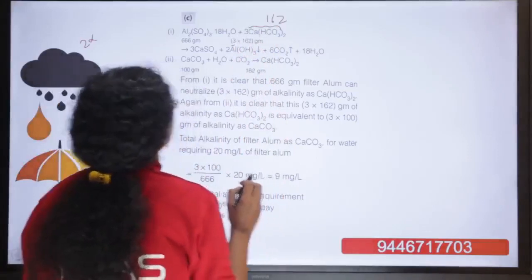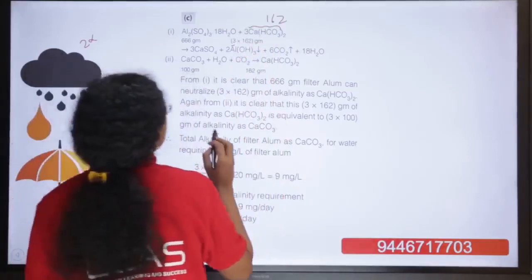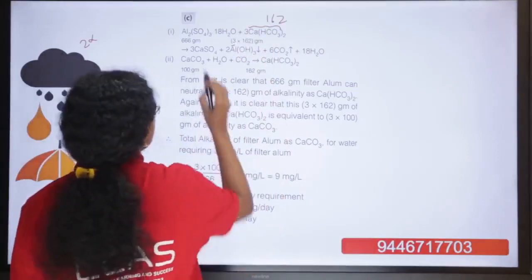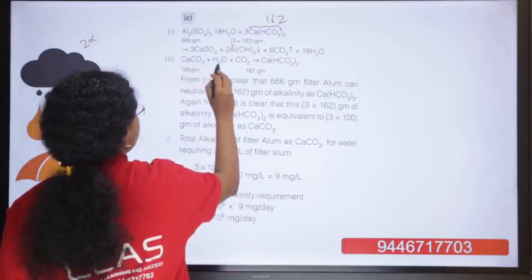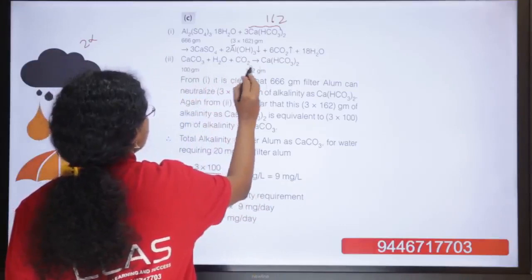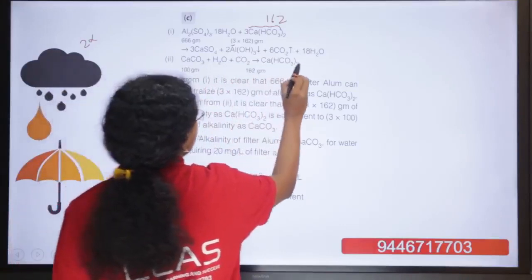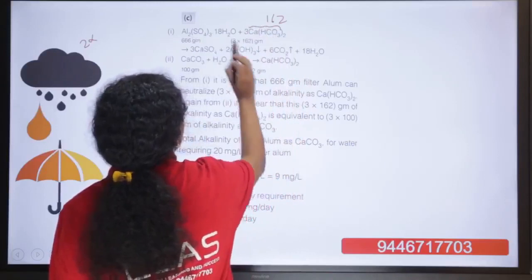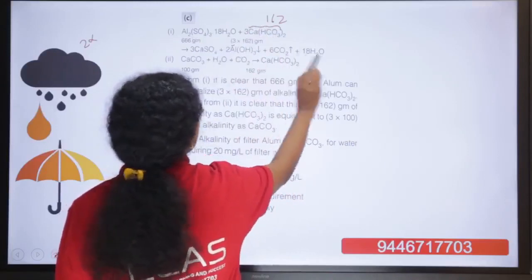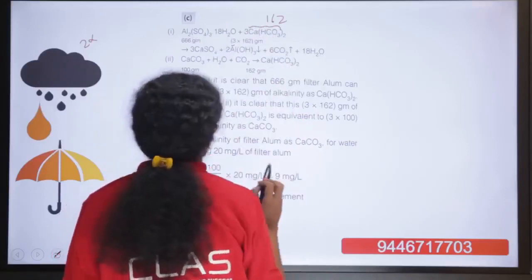Now the calcium carbonate that is present in this water sample will react with water and carbon dioxide to form this calcium bicarbonate. That is the bicarbonate that reacts with the alum and produces the aluminum hydroxide, calcium sulfate, etc.